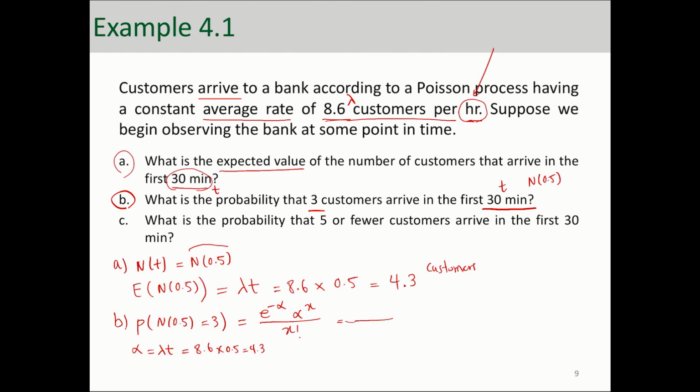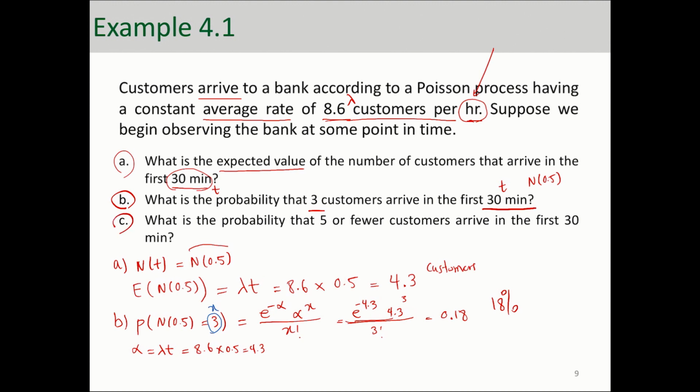So it's going to be e to the negative 4.3, 4.3 to the x, and here's your x. You're calculating the probability that your random variable is equal to 3. So 3 over 3 factorial. And if you do the math here, you're going to get 0.18, which means there's an 18% chance that 3 customers arrive in the first 30 minutes, given that the arrival process is a Poisson process.